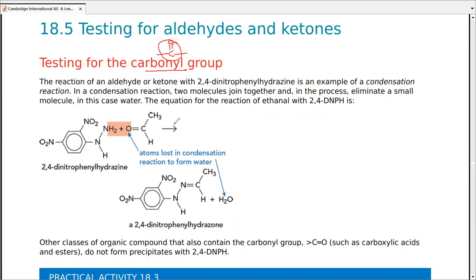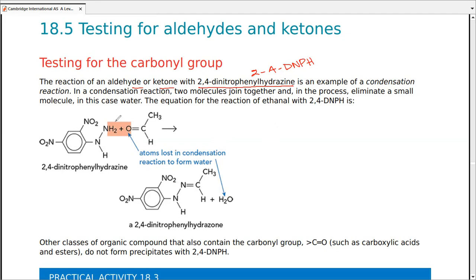This inner part is the carbonyl group, right? So the reaction of aldehyde and ketone with 2,4-dinitrophenylhydrazine, we are commonly going to call it 2,4-DNPH, dinitrophenylhydrazine.